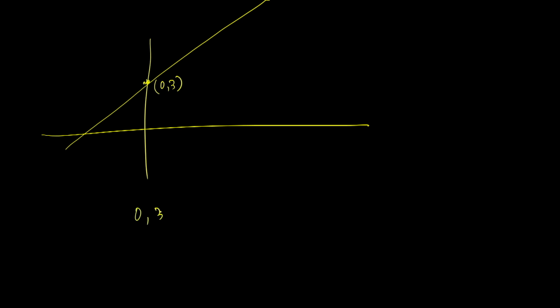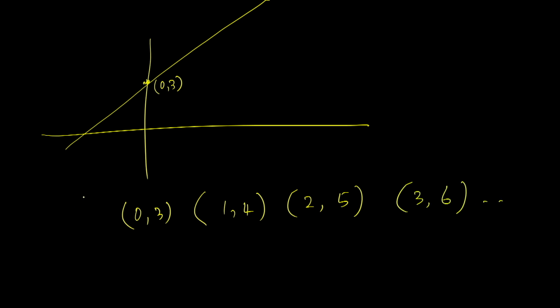For example, (0, 3), (1, 4), (2, 5), (3, 6) and so on. This is what is defined as integer minus 3. So, we can define integers in this manner as equivalence classes under this equivalence relation tilde.